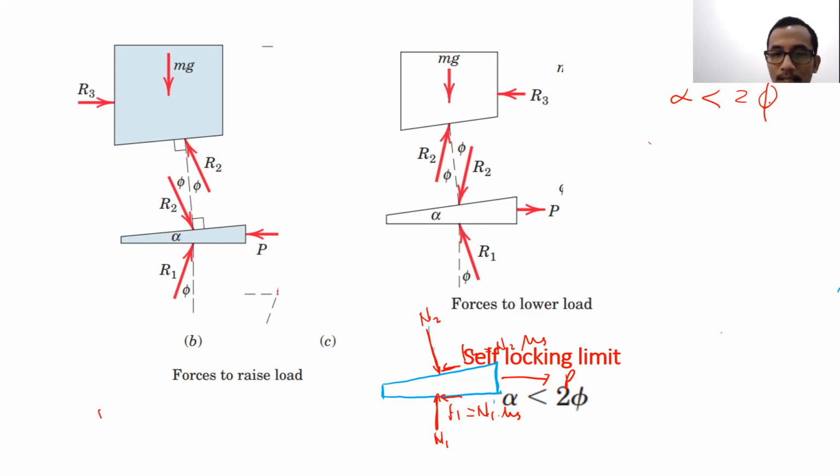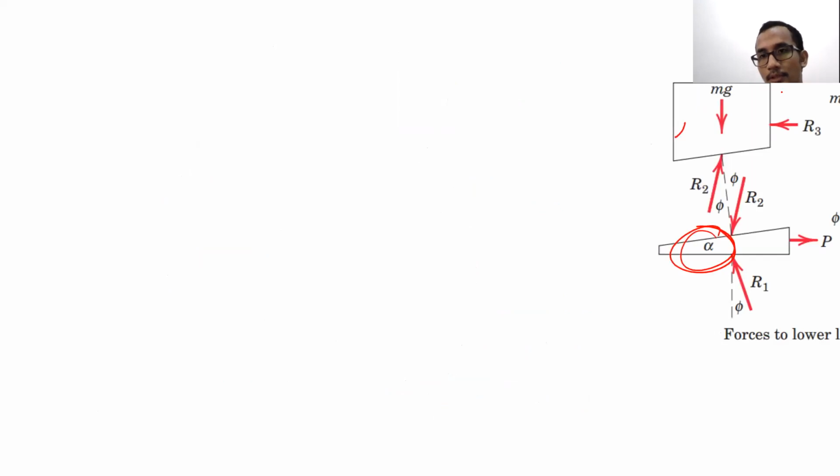Okay, now I ask you guys, when there is no force, let's try to discuss using this. When there is no force P there, if we take a look at the free body diagram of the mass and the wedge, the possibility of the movement is wedge going to the right or wedge going to the left?